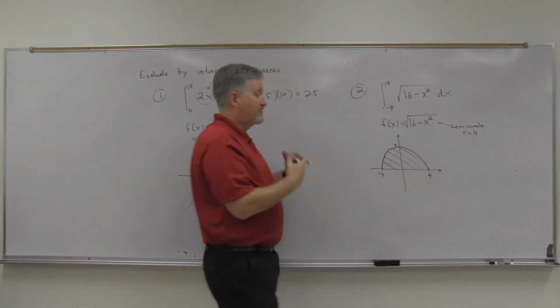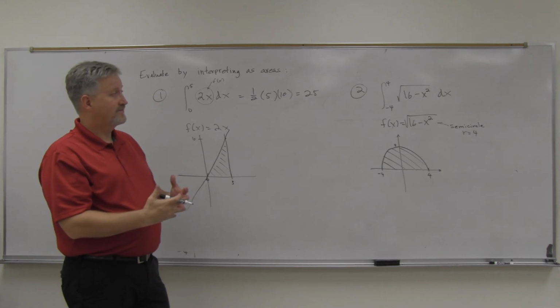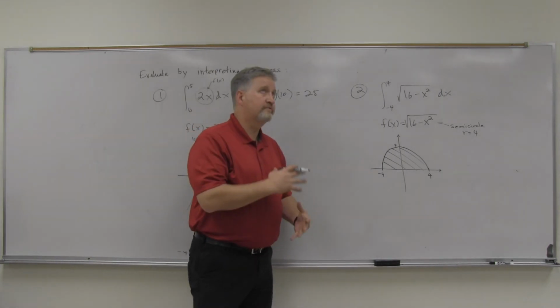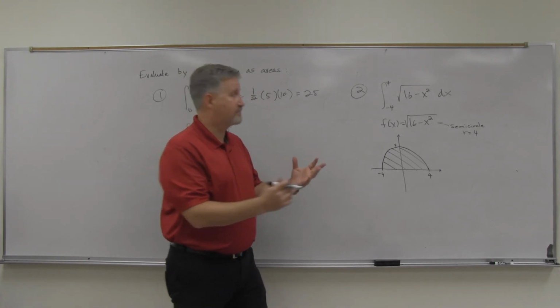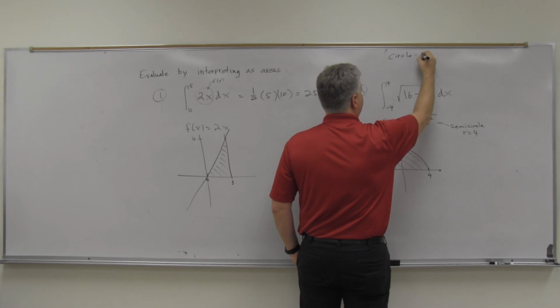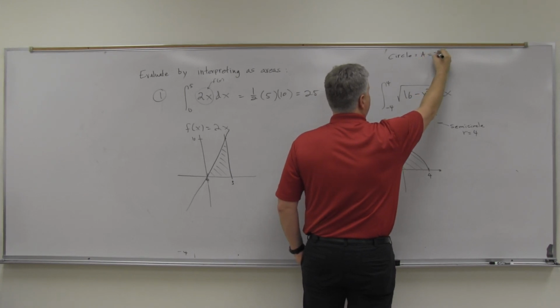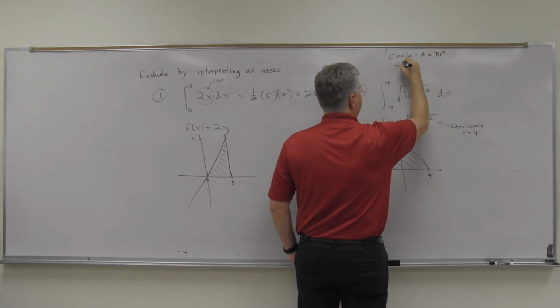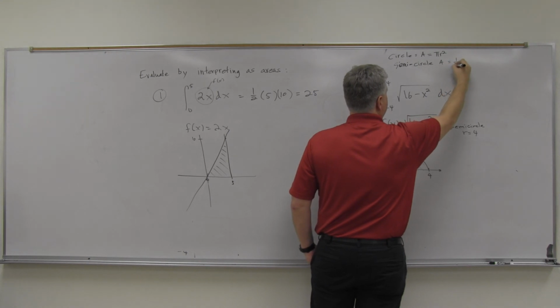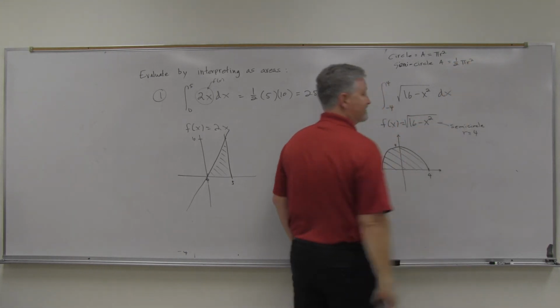Now, interpreting it as an area, I can figure out this integral because I know a circle's area is pi r squared, right? So a semicircle would be half of that, 1/2 pi r squared.